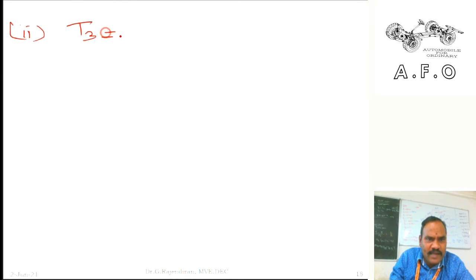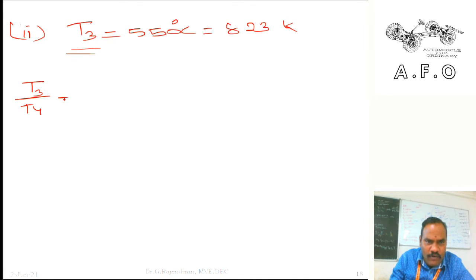Next, case 2. What is case 2? If the heat transfer is reduced, turbine inlet temperature is 550 degree centigrade, that is equal to 823 Kelvin. T3 by T4 is equal to (P3 by P4) whole to the power (gamma minus 1) by gamma.